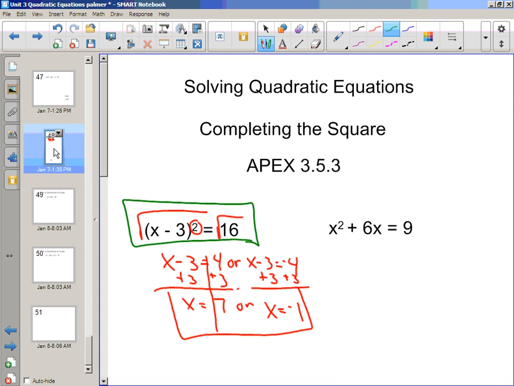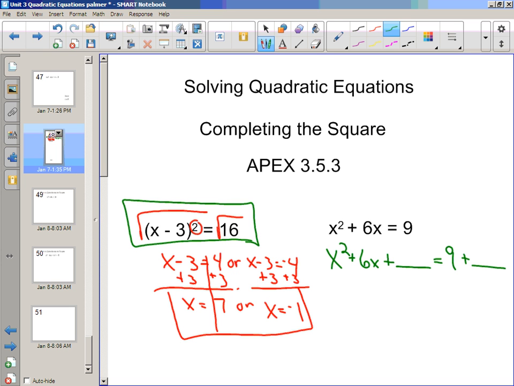So if you look at this one, we've got x squared plus 6x plus, and what we want to do is figure out what number, when we add it to both sides, is going to make this a perfect square trinomial. We can manipulate it. We can find the number that would make this a perfect square and add it to both sides so it's balanced, and then we'll have a perfect square equation that we can solve.